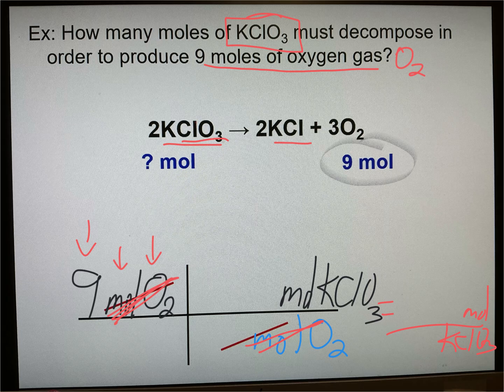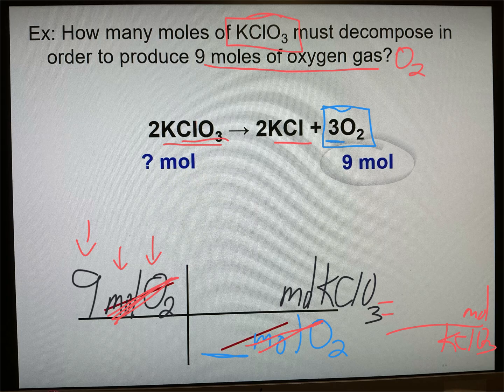So now you're going to look at your equation. Remember that those coefficients are what's giving you the mole. That's what we did yesterday, remember? So for the O2 here, we're going to get that coefficient from the equation. What's my number?